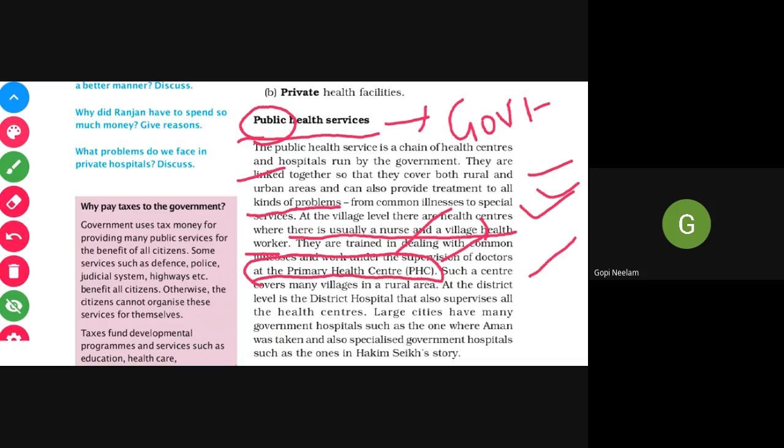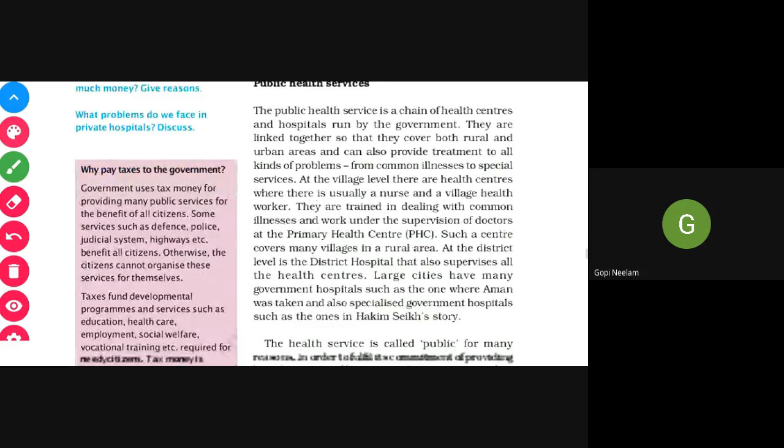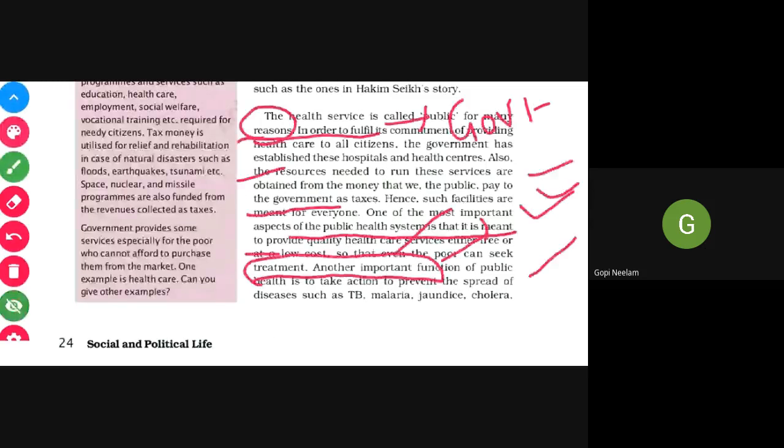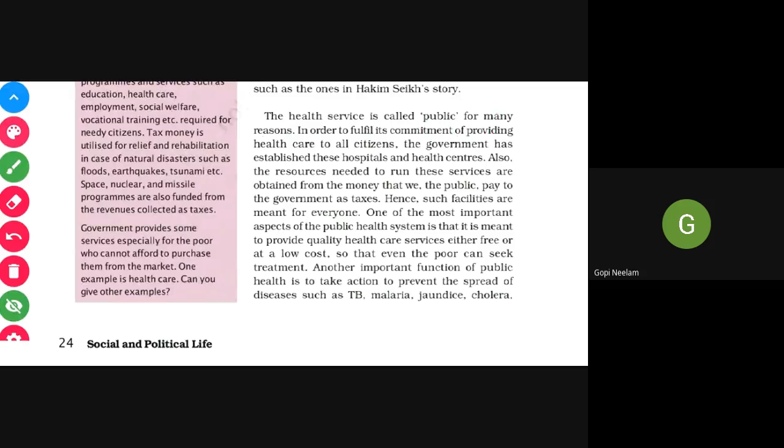Okay, so let's go to the next passage. The health service is called public for many reasons. What are the many reasons? Let's try to understand.